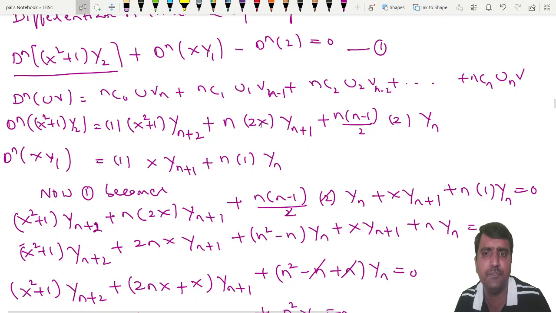In the next step nC1 is there, nC1 means you write its value n, and you differentiate x square plus 1, it is 2x, and reduce the number from yn plus 2, it is yn plus 1. Again in the next step we have nC2, that is n into n minus 1 by 2 factorial. So you write n into n minus 1 by 2, and differentiate the previous value. So 2x is there, its differentiation is 2, and reduce a number from yn plus 1, it is yn.